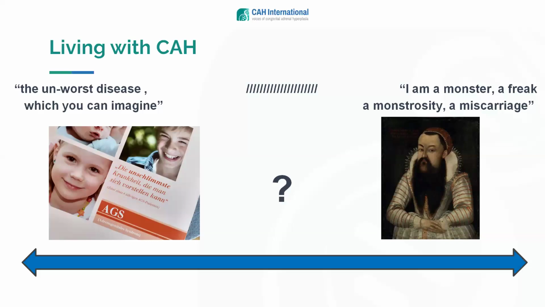Her name is Gabriela Antonia. When I saw this painting of this woman, I thought, oh, that might be a woman with CAH, not having a short stature, not having survived without adrenal crisis, growing up.